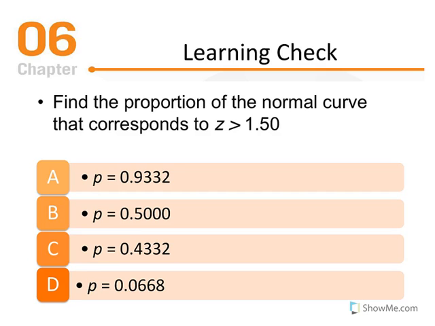So find the proportion of the normal curve that corresponds to z is greater than 1.5. So always start with your distribution. Identify the mean. And this is a positive 1.5, so we know it's to the right, and it says greater than. So I'm going to partition this off, and I'm going to shade this area.